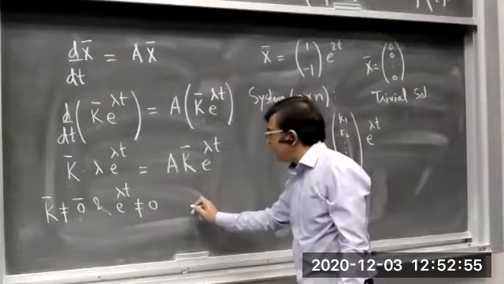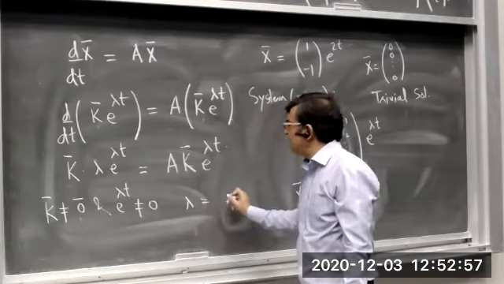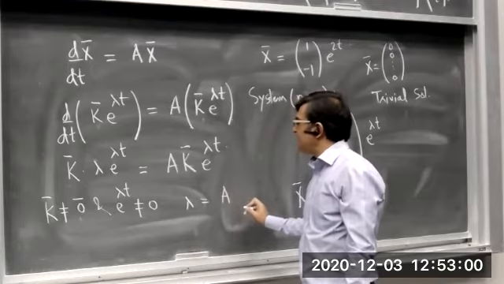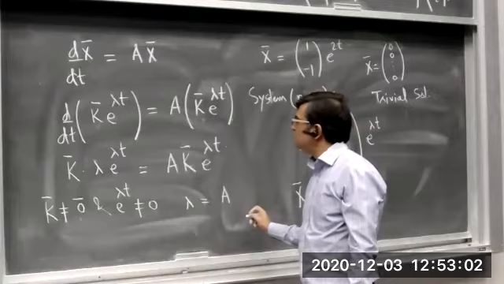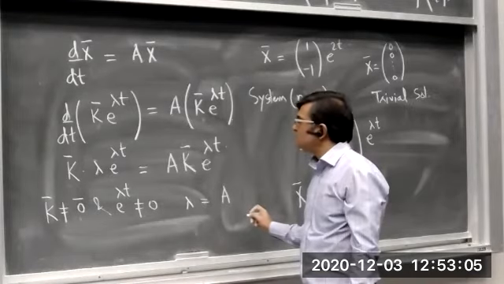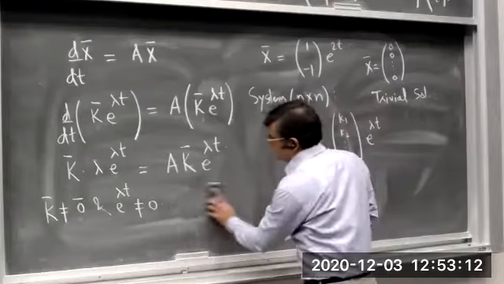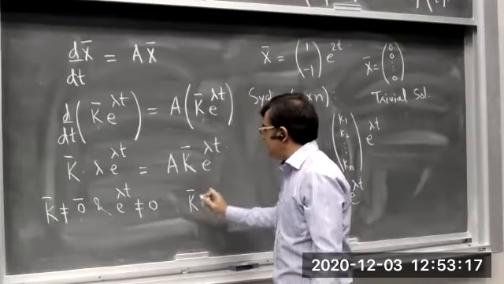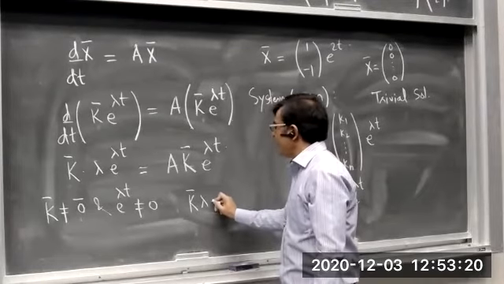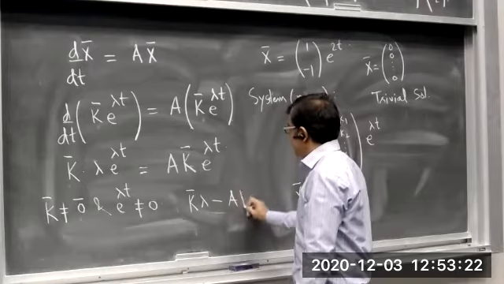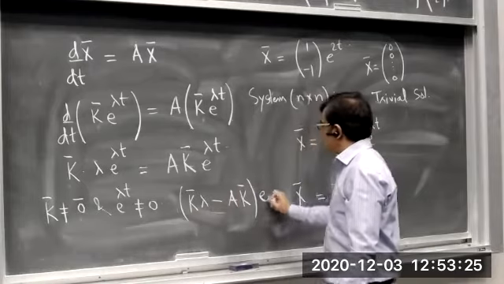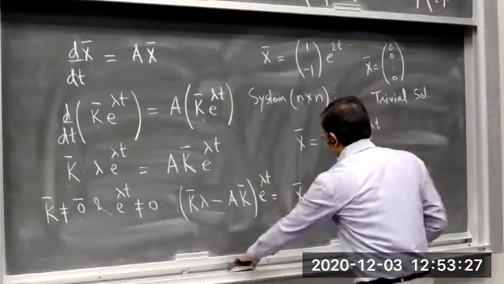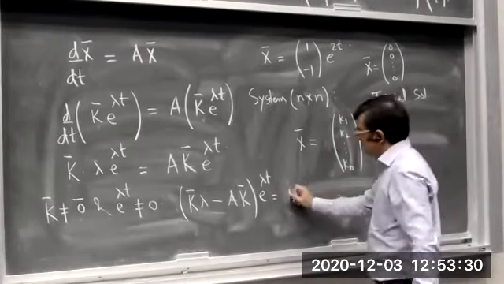Let's bring this term to the other side first. So it becomes k times lambda minus A times k, times e raised to the power lambda t, equal to the zero vector.